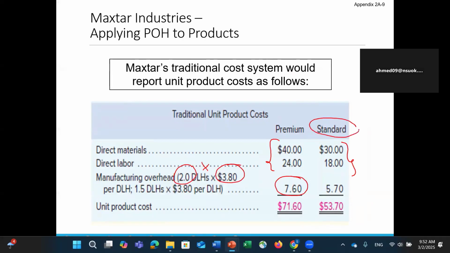Under the standard, you have 1.5 hours times 3.8 gives this. So the unit product cost will be 71.6 under the premium and 53.7 under the standard. Okay, so we have done the traditional unit product cost.